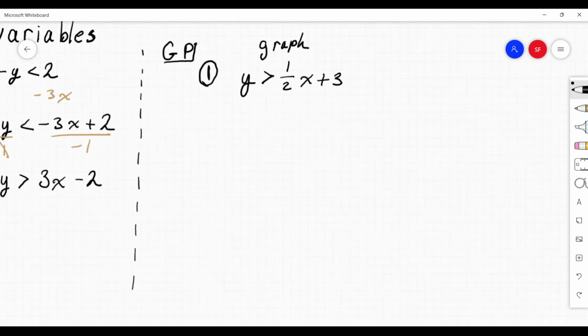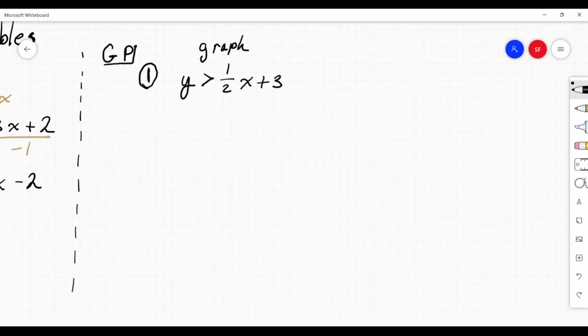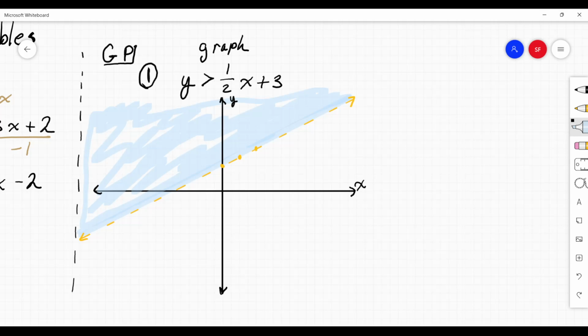So go ahead and graph it. If you're watching this video recording, pause the video and graph it, and then come back and check. There is the answer. So take a look, see if you have any questions.